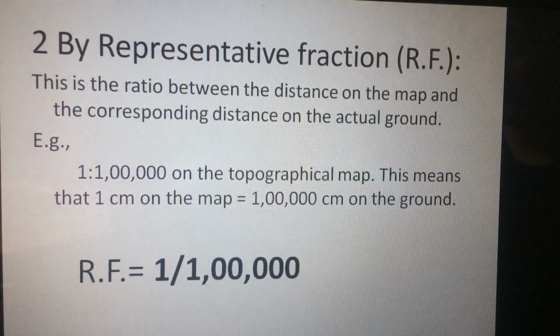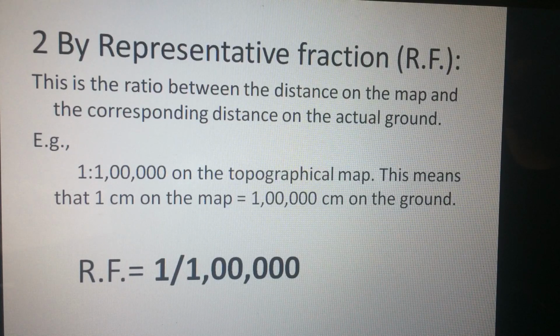Second is the representative fraction, which is written as RF. This is the ratio between the distance on the map and the corresponding distance on the actual ground. Here we are taking the example 1:1 lakh on the topographical map. What does it represent?